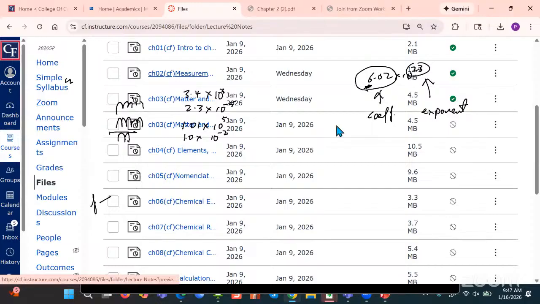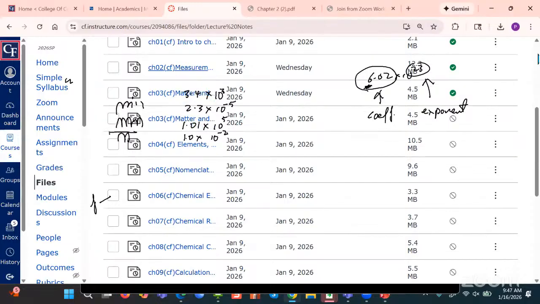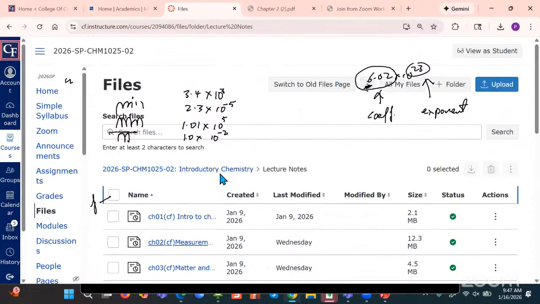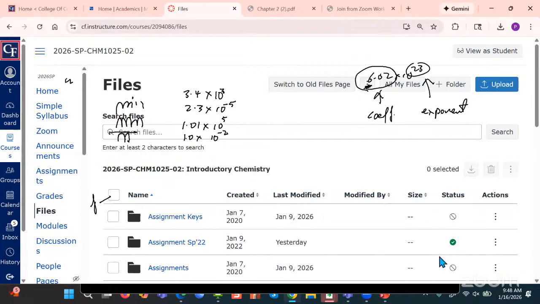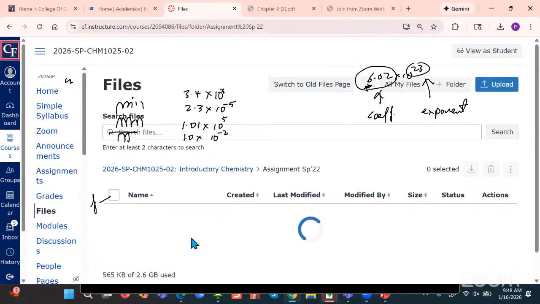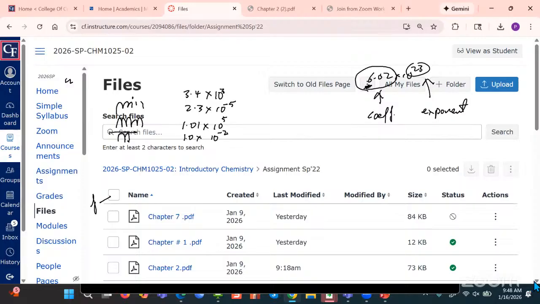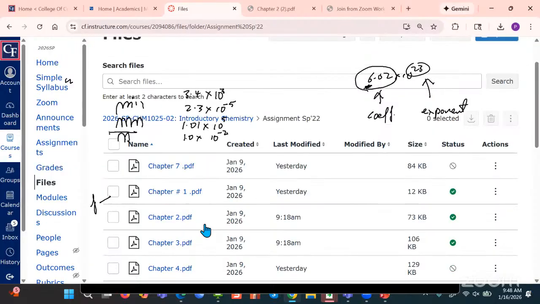Oh, that's the PowerPoint. Let me go to assignments. Okay, so for you guys out there in Zoom, it's published, right? You just go to assignment spring 22, and then you should be able to download those assignments.